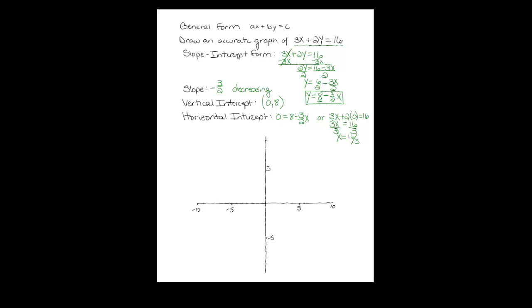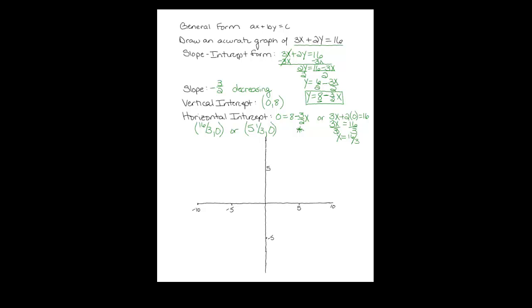This is the same answer you would have gotten if you had solved this equation over here. So our horizontal intercept is the ordered pair 16 thirds, 0, or rewriting this improper fraction as a mixed number, 5 and 1/3, 0.